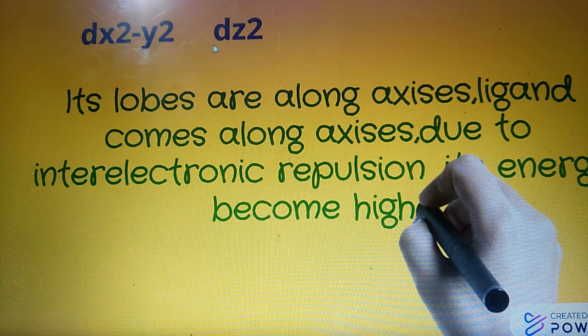Eg consists of 2 orbitals, dx square minus y square and dz square. Its lobes are along the x-axis, so ligands come along the x-axis. Due to inter-electronic repulsion, its energy becomes high.